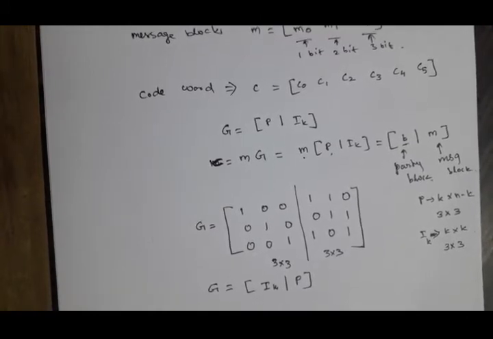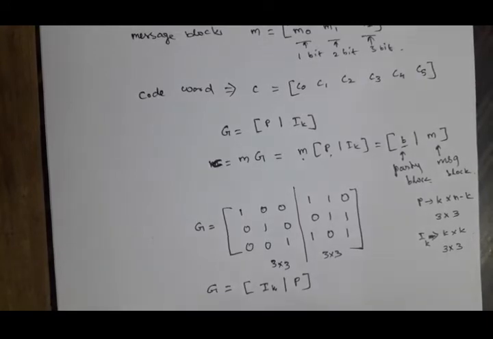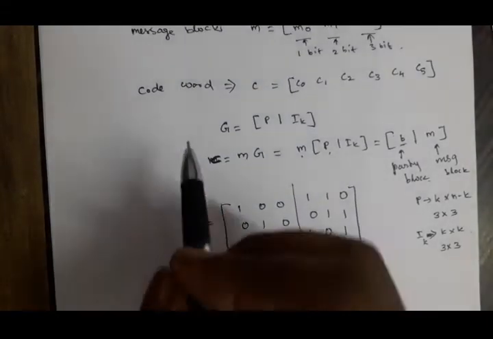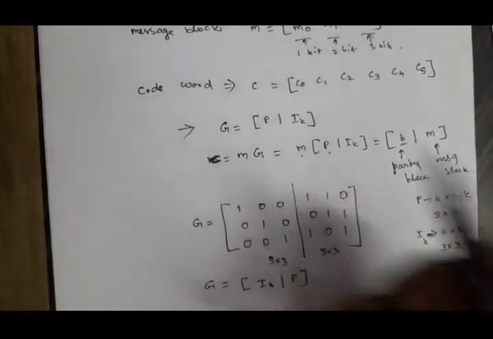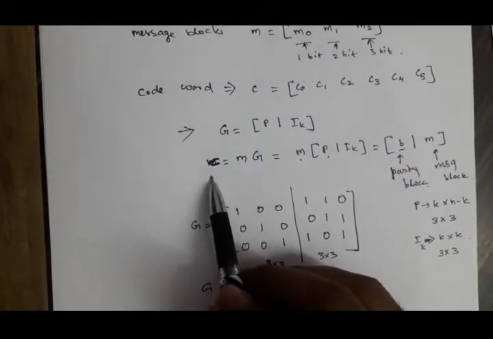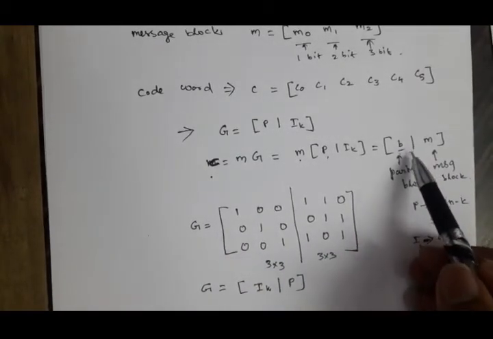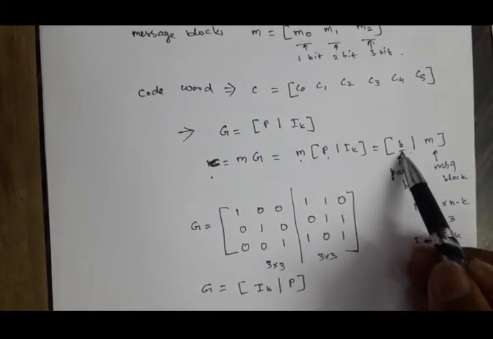So the generator matrix can be the combination of both, but in this method of writing the generator matrix, the code word will be constructed in such a way that the parity block is prefixed to the message block.